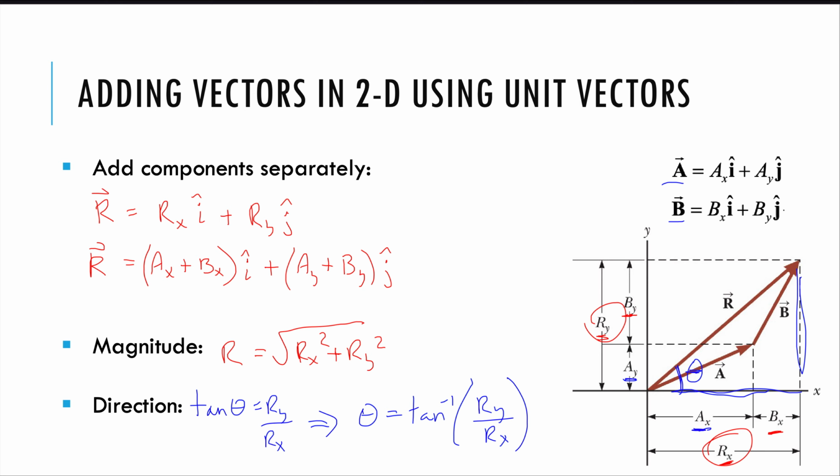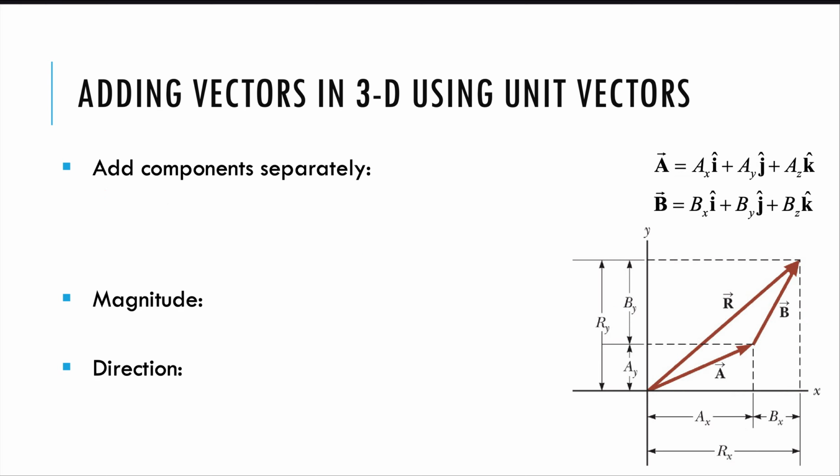Now what about if we want to add vectors in 3 dimensions? We're going to do the same thing. The only difference is that our vectors now have a z component specified here with k hat. But we're still going to add all of the components separately.